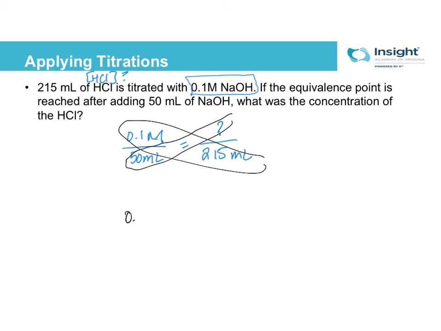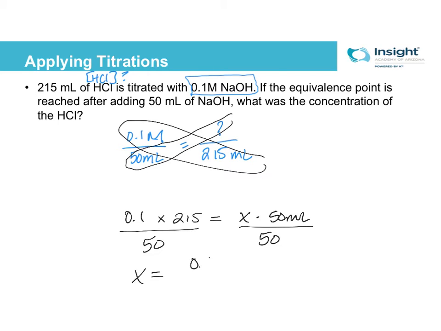So I'm going to have 0.1 times 215 is equal to X, I don't know what my concentration of the HCl was, but times 50 milliliters. I'm going to divide both sides by my 50 milliliters. And now I'm going to have x is equal to 0.1 times 215 divided by 50. Upon plugging that into a calculator, I get that my concentration of hydrochloric acid is equal to 0.43 molar.